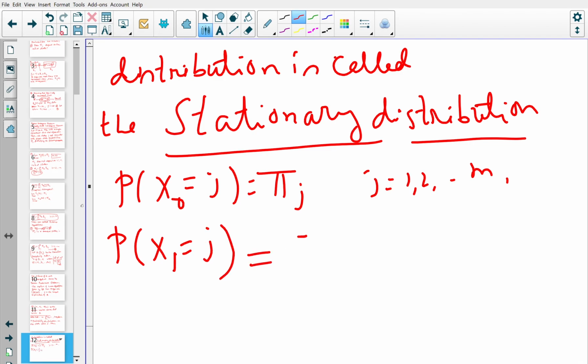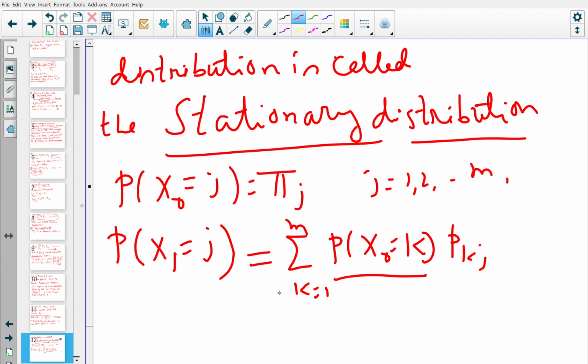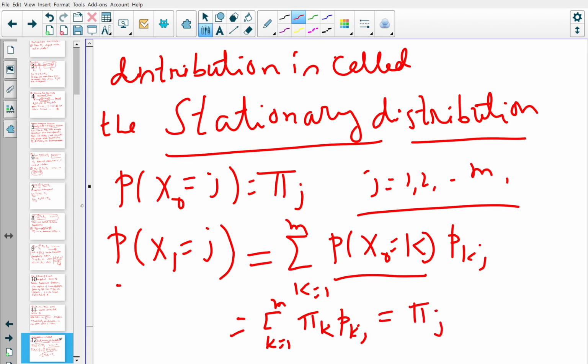Using Chapman-Kolmogorov, this is the sum over k equal to 1 to m of the probability of X naught equal to k times p k j, going from one step to two-step probability. This becomes the sum over k of pi k p k j, and pi k p k j summed is nothing but pi j. So this probability also becomes pi j.